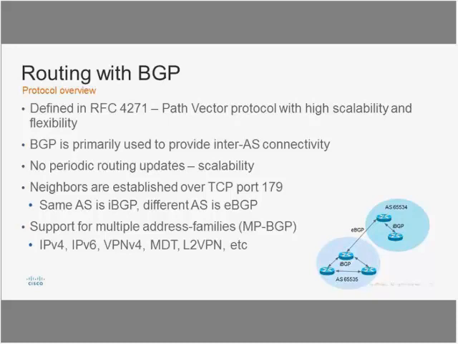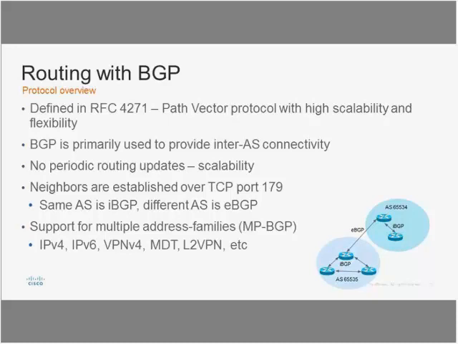That's where BGP use primarily comes in, but over the period of time BGP has expanded, and it's not just for inter-AS connectivity, but intra-AS, and it also extends itself to various other address families.